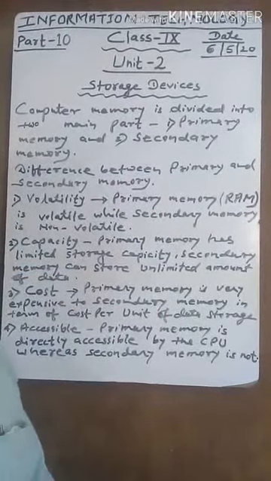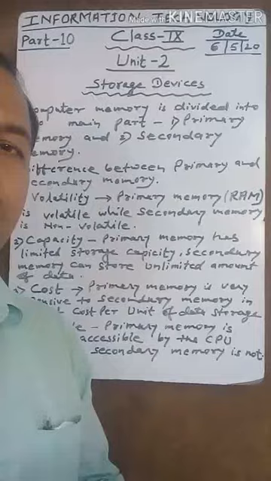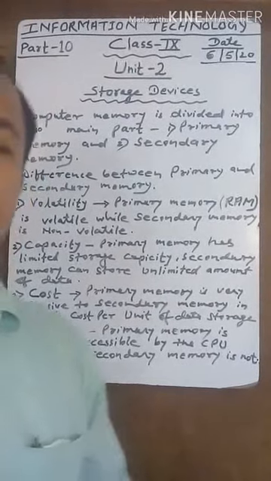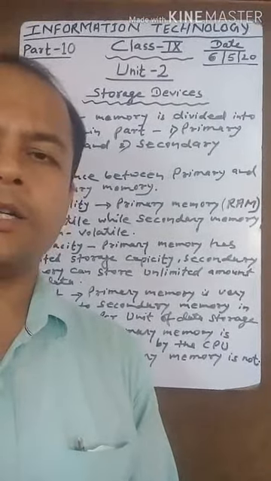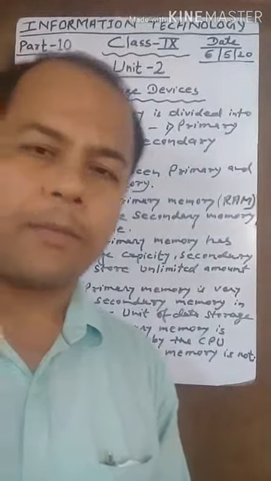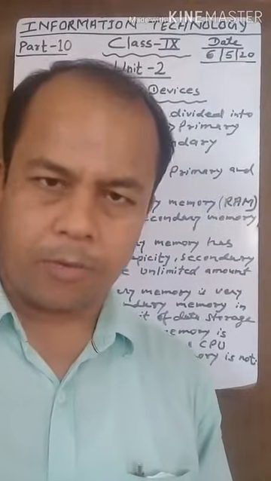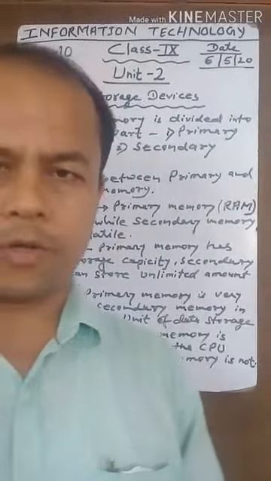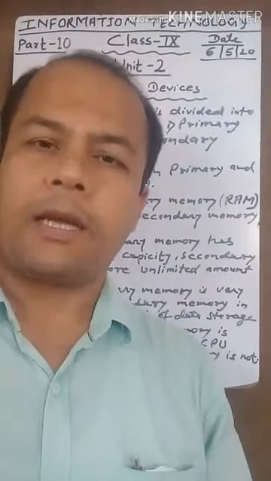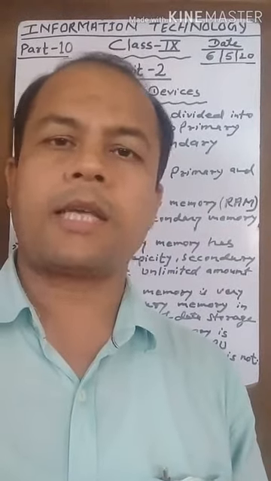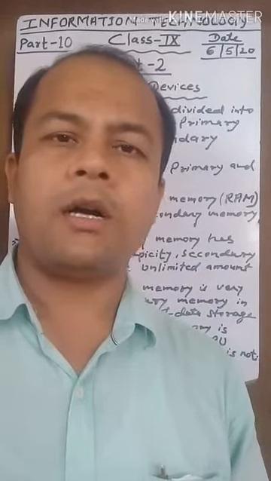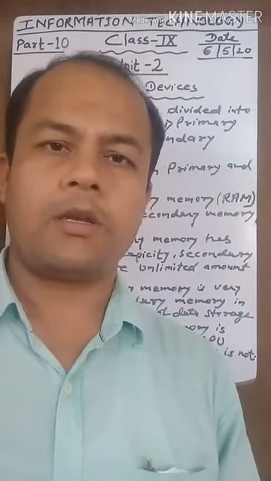Dear student, we can divide our storage device into two parts, primary memory and secondary memory. What is primary memory? Primary memory is the temporary memory, but secondary memory is the permanent memory.